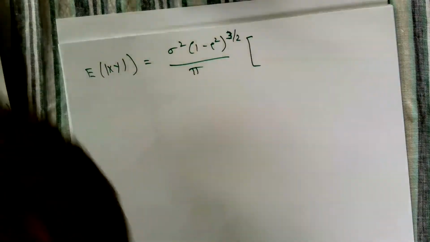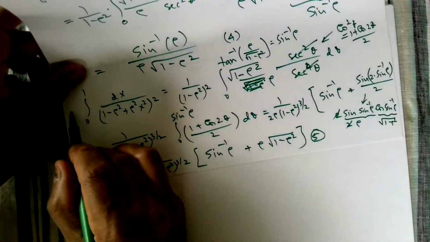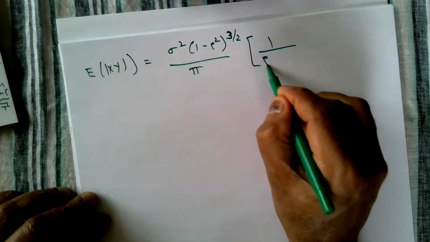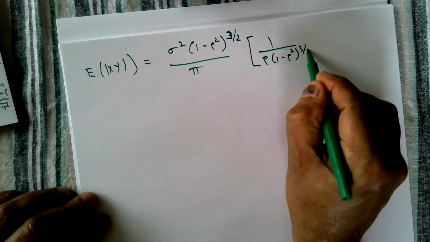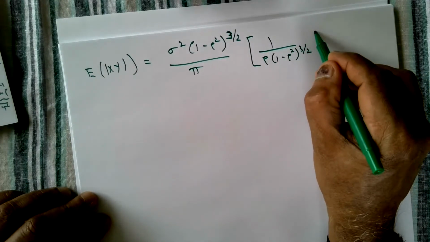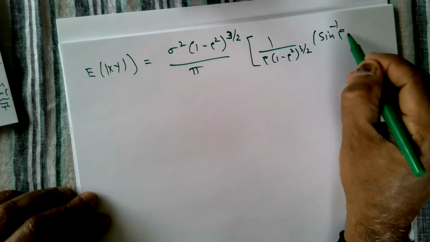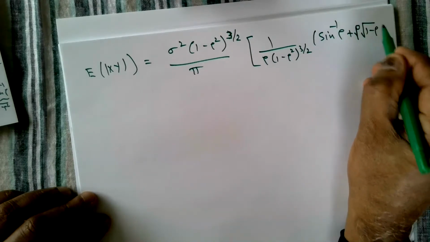Now number 5 is multiplied by 2 because there's a 2 here, so this 2 will cancel, then it's going to be 1 over rho, 1 minus rho squared to the power 3 by 2 multiplied by sine inverse rho plus rho square root of 1 minus rho squared.